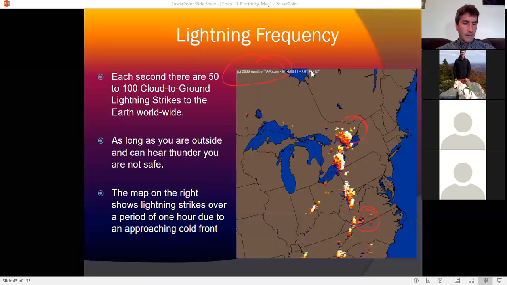Along a cold front, you will see these big cumulonimbus clouds building up, and those are the ones that are creating the lightning strikes. So again, typically you have warm, moist air in front of it. You have cold air behind it.